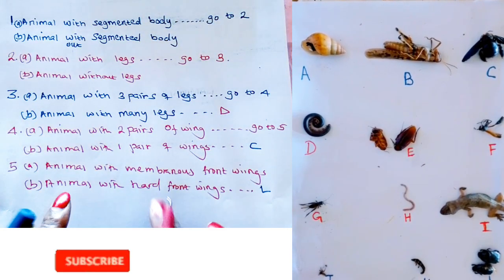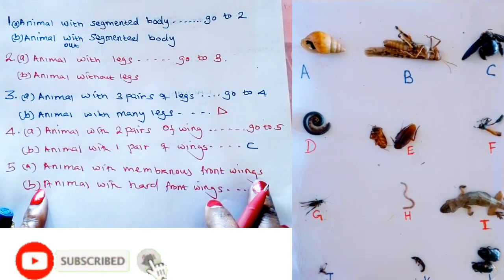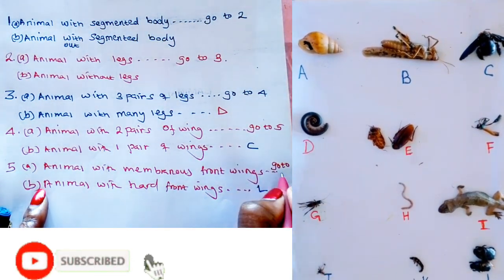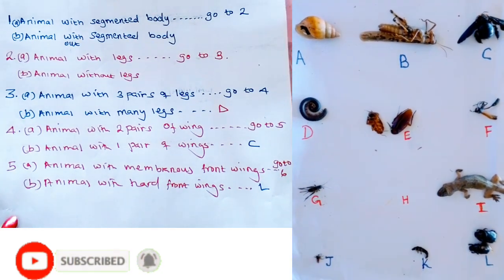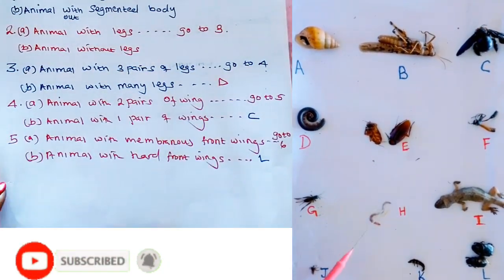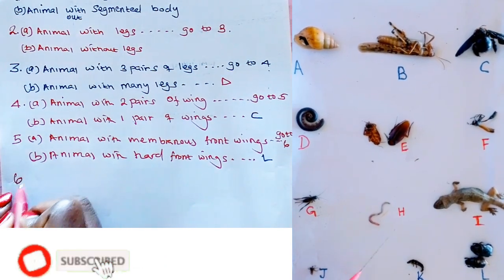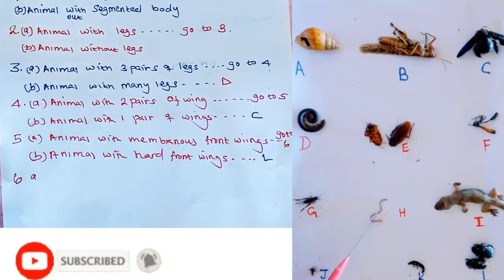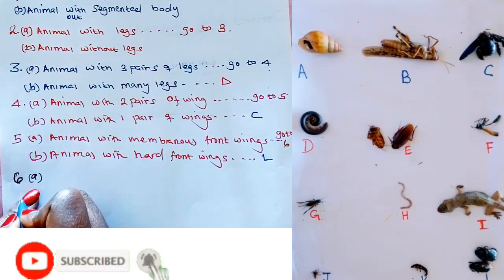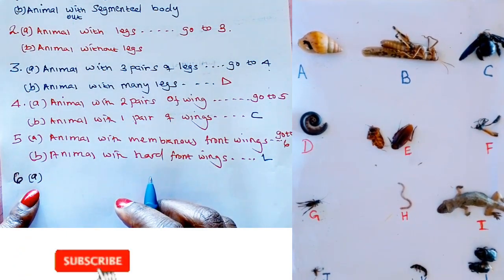So for animals with membranous front wings, we go to 6. Yeah, go to 6. So we have 6 here. Let me use the blue color. 6 part A. How do we distinguish them?